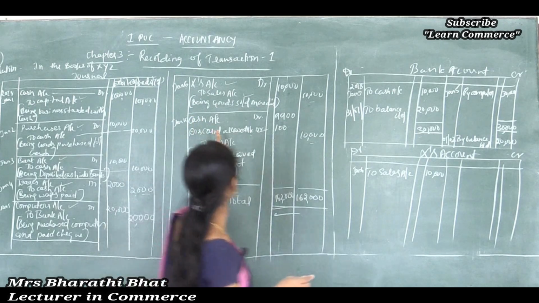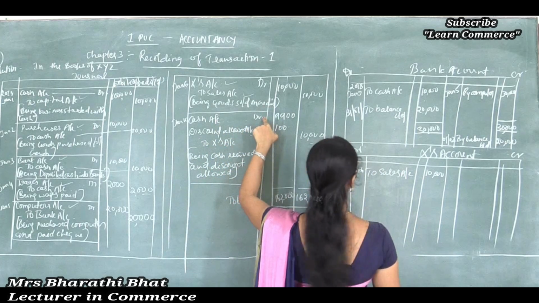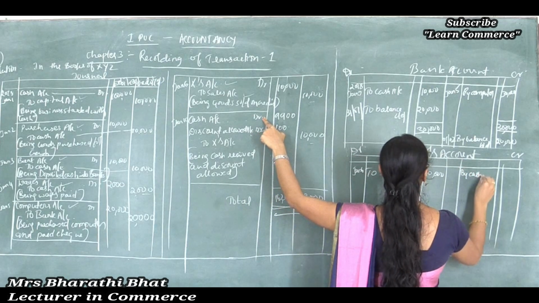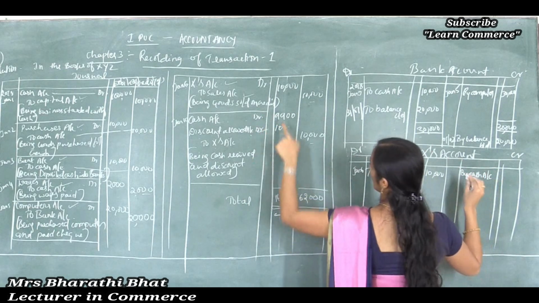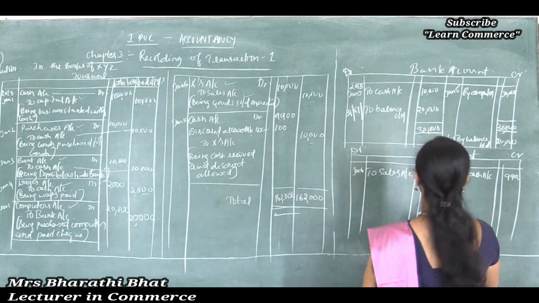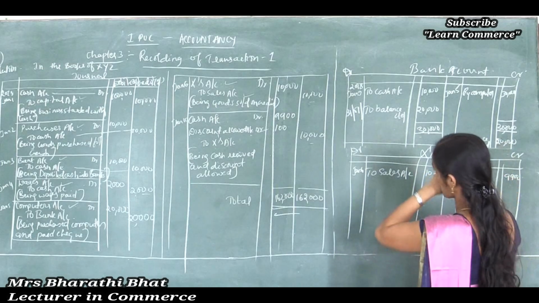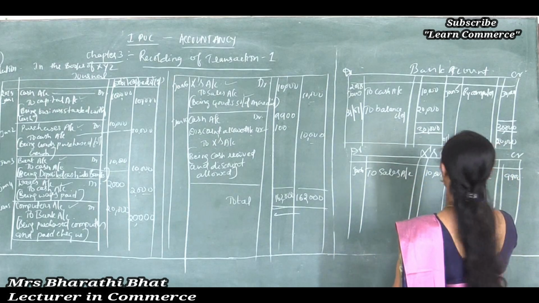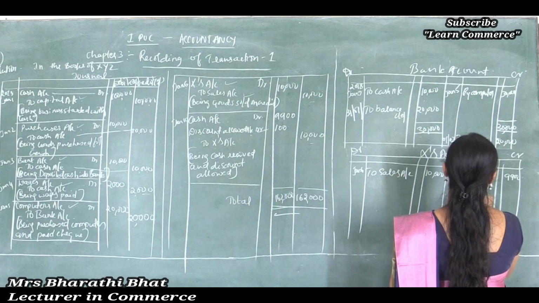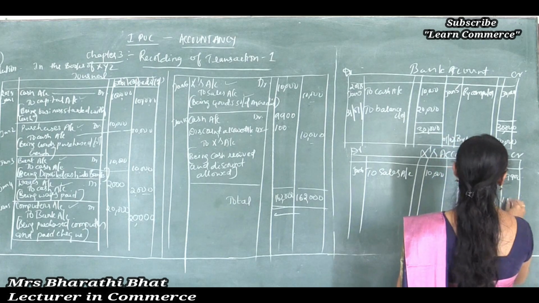Getting my point? Okay. So here X account credited by these two accounts. By cash account 9,900, and by discount allowed account 100.